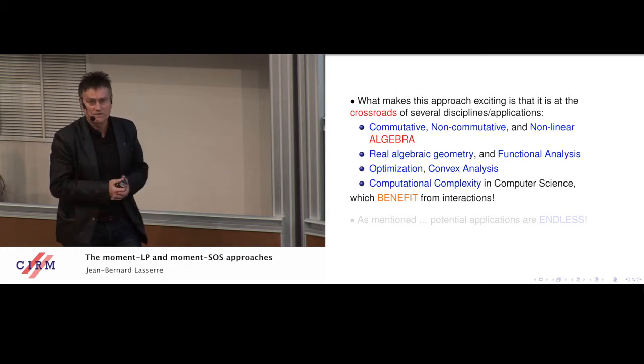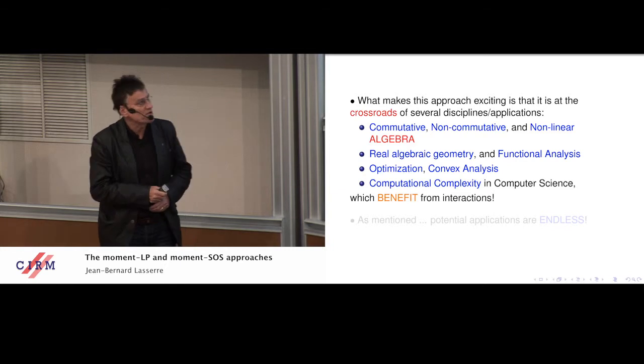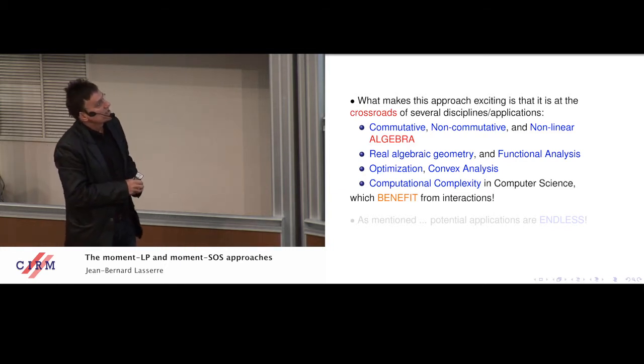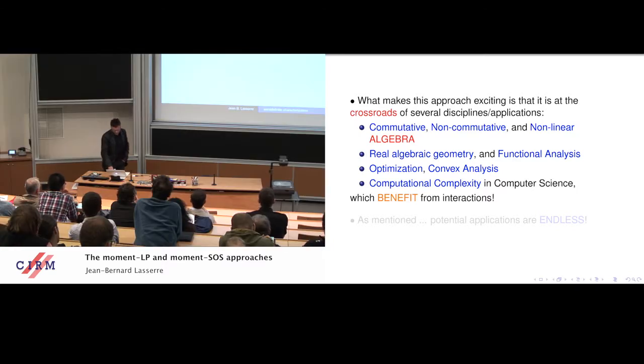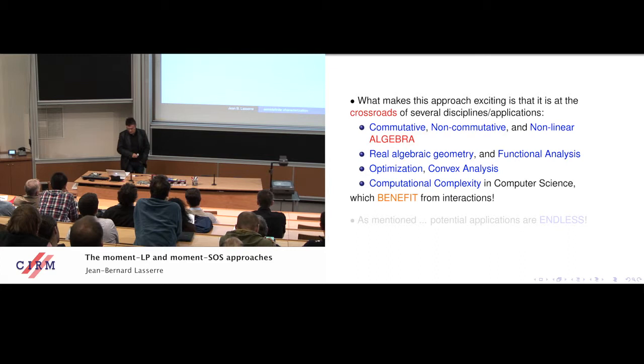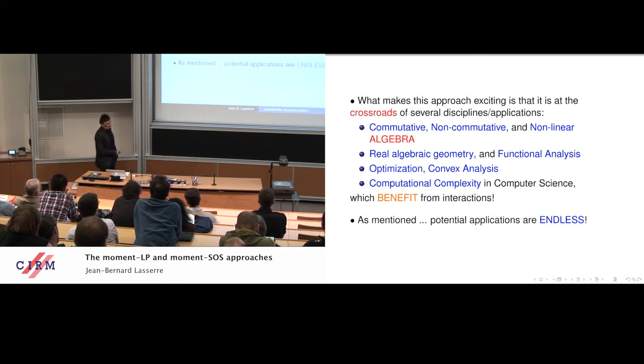This is a convex duality between positive polynomials and moment problem. Then you also use some part of optimization and convex analysis, and also computational complexity in computer science. And all those areas benefit from interactions. And in addition, as mentioned, potential applications are really endless.